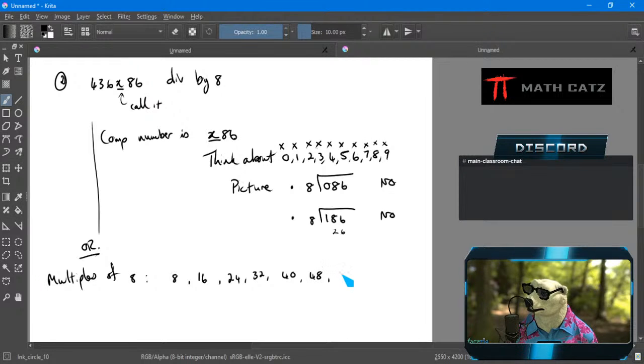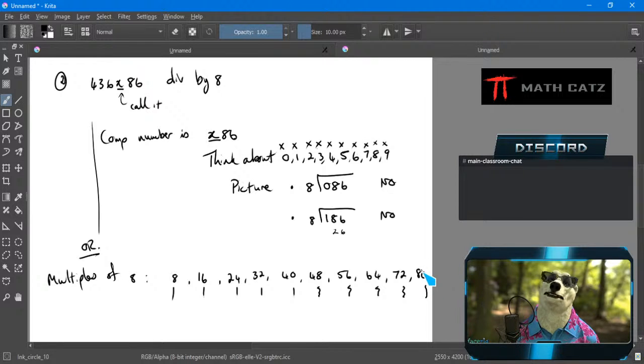I'll do a couple. 56, 64, 72, let's do one more. 80. Now look at the pattern here because there is one. The ones digit. 8, 6, 4, 2, 0. 8, 6, 4, 2, 0.